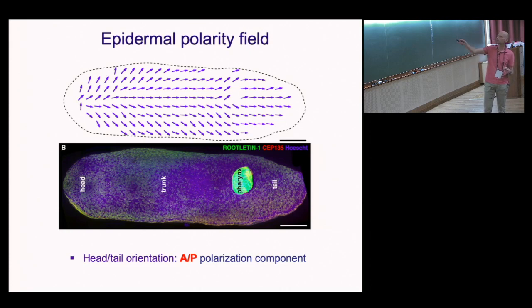So this is the head, this is the tail, and cilia are really nicely oriented along this head-tail axis, which absolutely makes sense, right? Because this is the direction in which they move, essentially. But on top of that, what you can also see here, especially in the head of the animal, is that cilia, especially more towards the margins, are deviating towards the side.